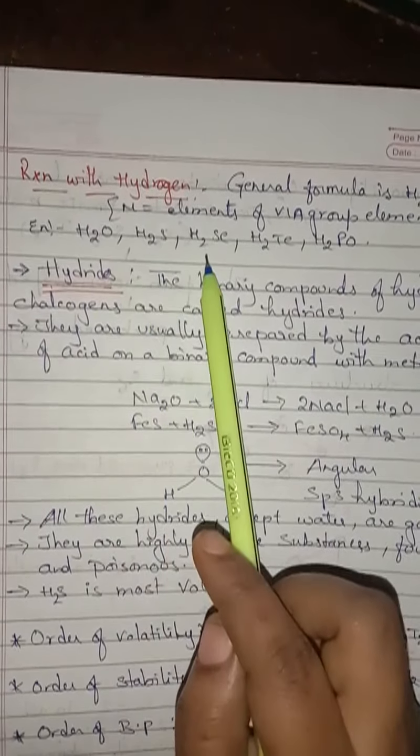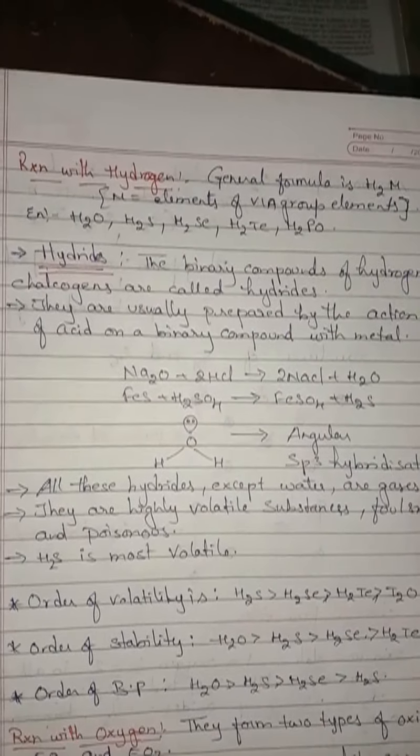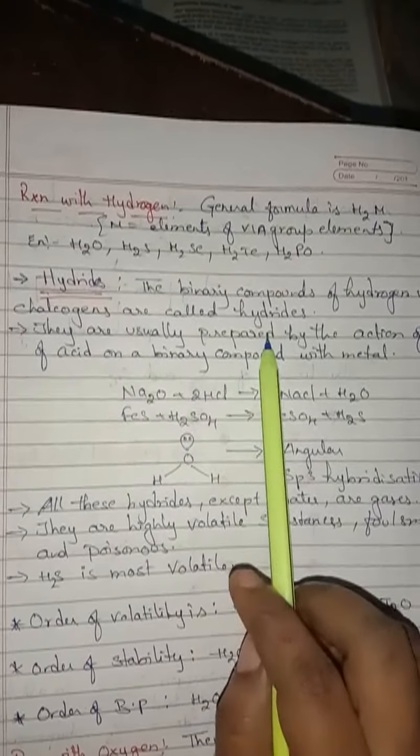For example, H2O, H2S, H2Se, H2Te, H2Po. Here 2 hydrogens combine with an element of group 16 to form these compounds. When hydrogen combines with another element, they are called hydrides. So the binary compounds of hydrogen with chalcogens are called hydrides.